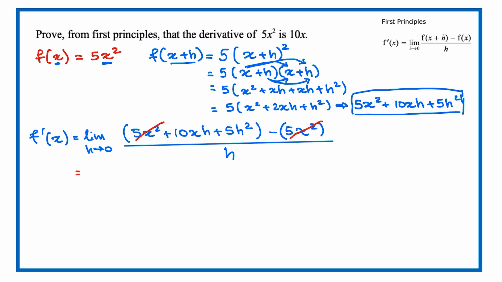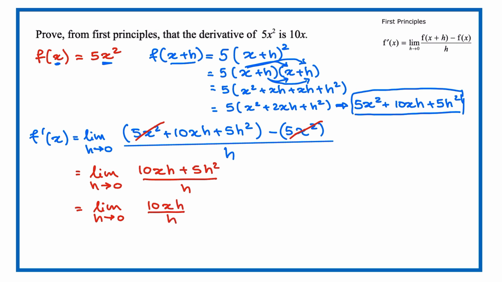We can rewrite this as the limit as h goes towards 0 of 10xh plus 5h squared over h. I can simplify this further, as the limit as h goes towards 0, by splitting the fraction, so that becomes 10xh over h plus 5h squared over h. The h and h cancel out here, and one of the h cancels out with one of the h.